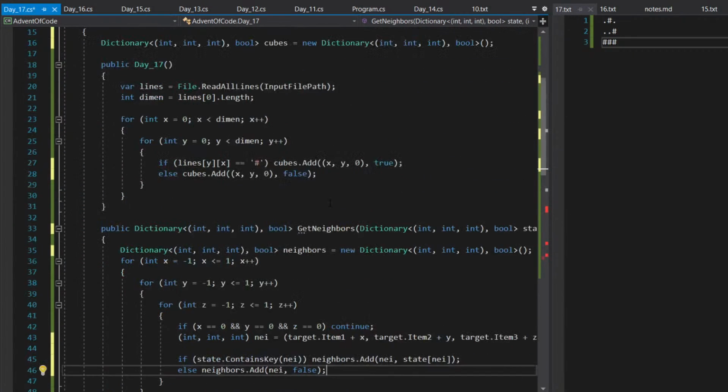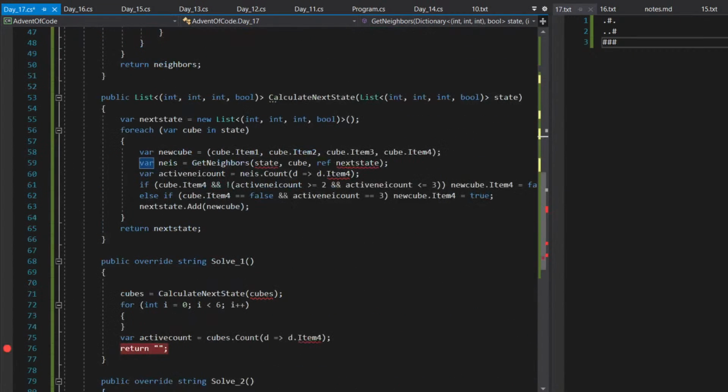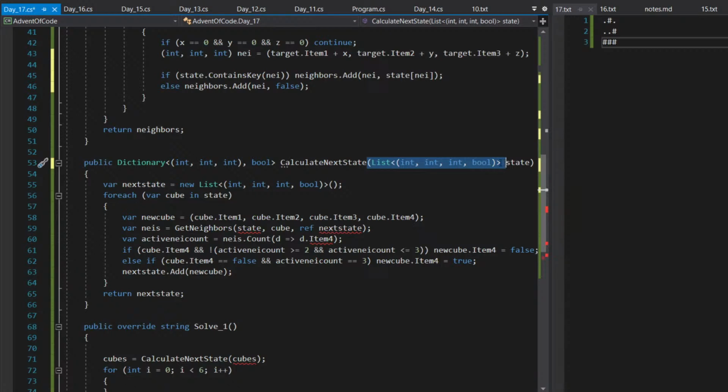Down here, we need to change this to our dictionary too. Dictionary. Dictionary. Everything's a dictionary.